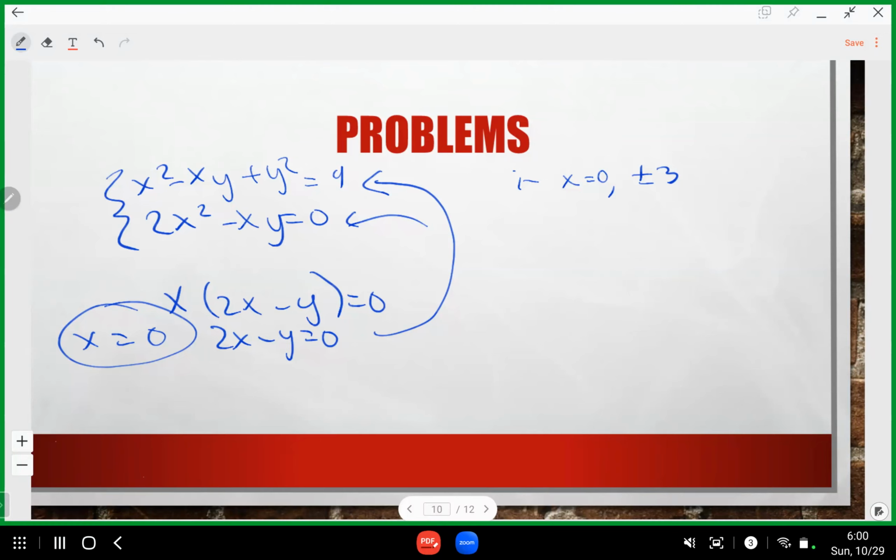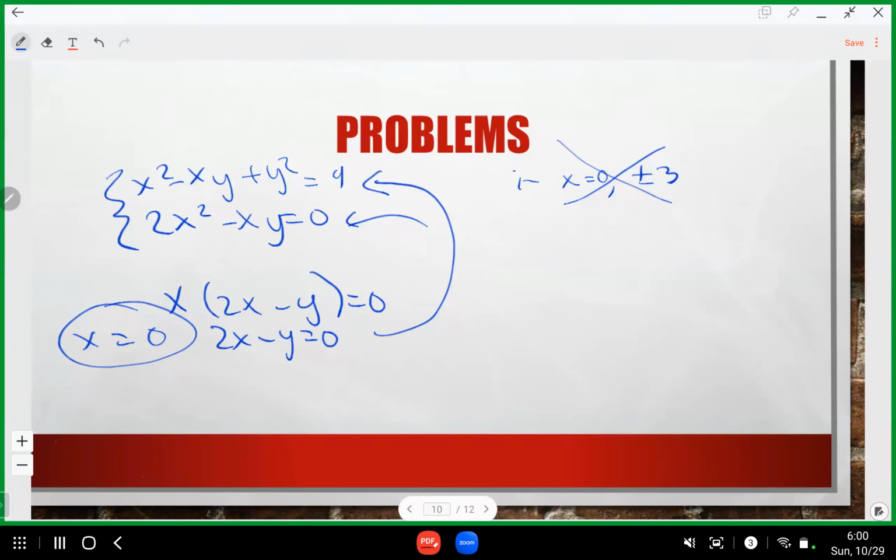X squared minus xy plus, whoa, that's a lot of extraneous solutions. So I don't think this one works either. Damn. That's interesting. Okay. Let me rethink this.